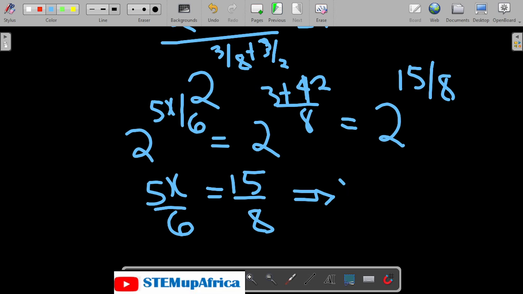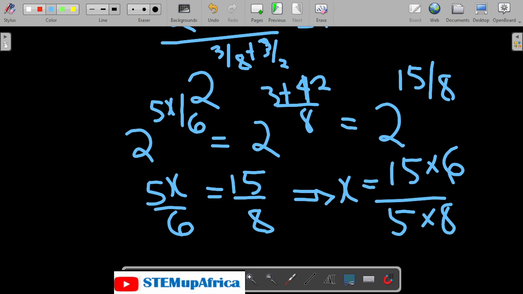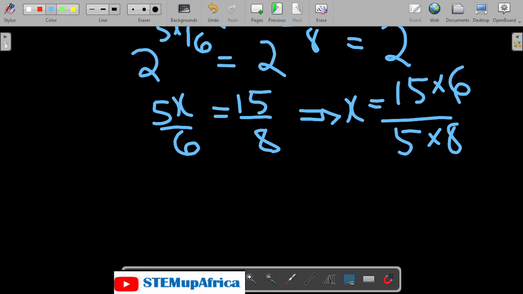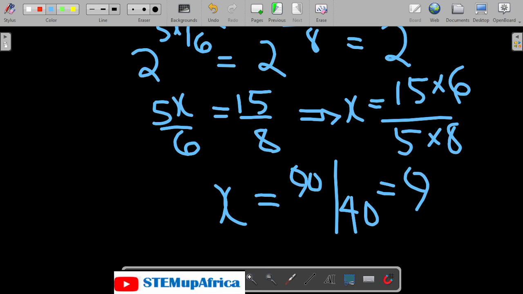This implies that x is 15 times 6 over 5 times 8. So x will give us 15 times 6, that is 90, divided by 40. Our answer is 9 over 4 as the value of x.